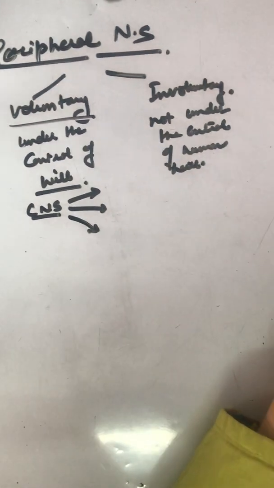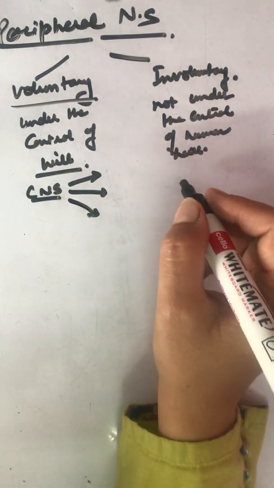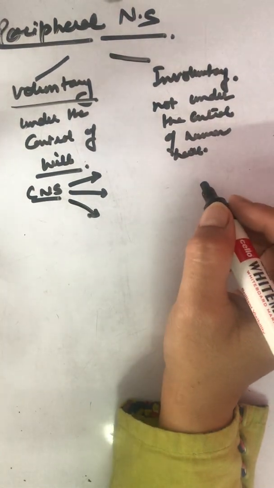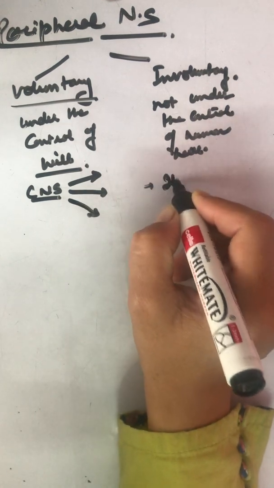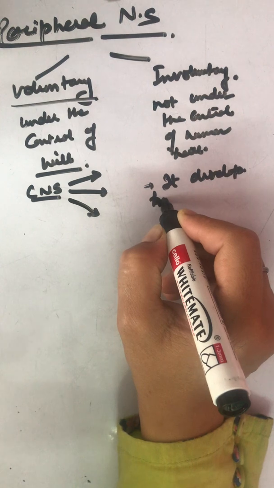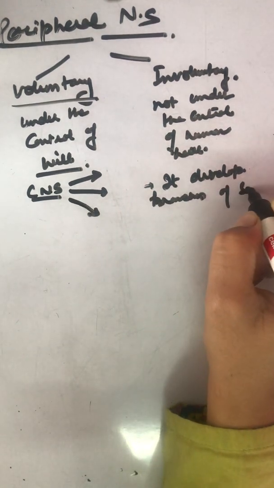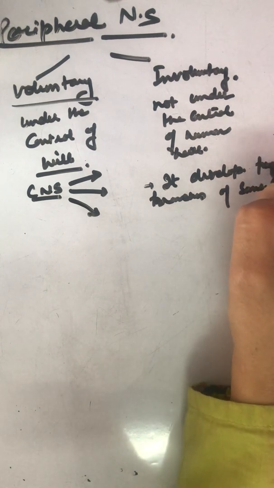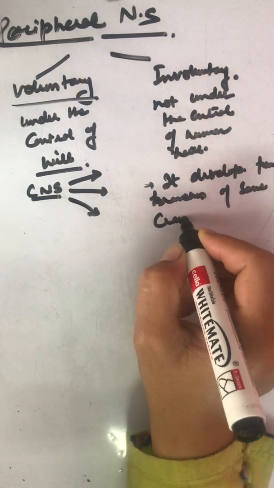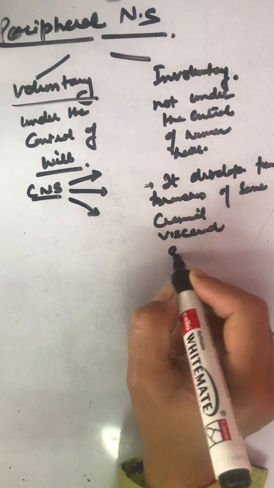So what will it do? Automatically, it develops from branches of some cranial, visceral and spinal nerves.